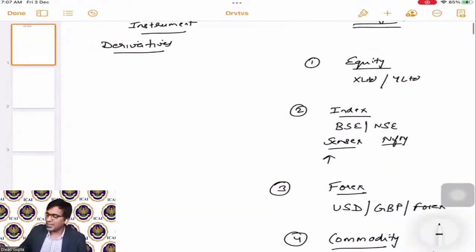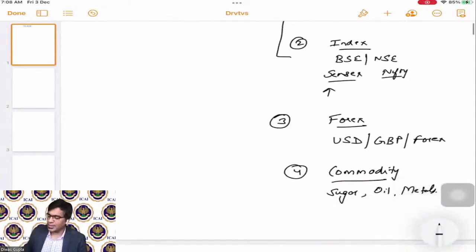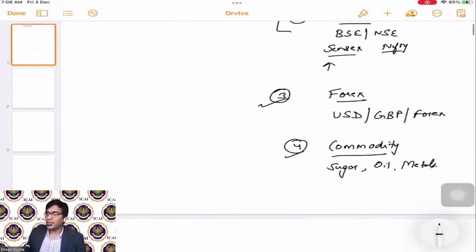See, what I'm trying to say is that all the typical financial instruments that you can think of can be underlying for derivatives. This is something new, Forex, and this is something also new. Now, some of you might be wondering, how come sugar be an underlying? How come oil be an underlying?